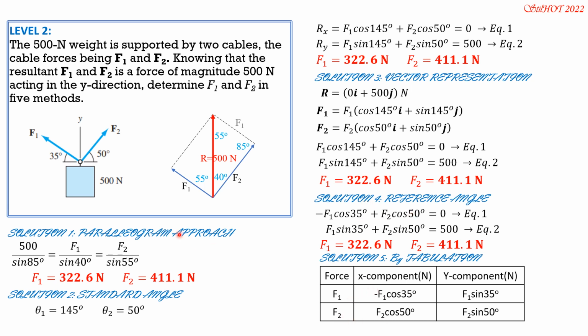For force F2, its x component is positive F2 cosine 50 and its y component is positive F2 sine 50. Adding these and equating to Rx, which is 0: negative F1 cosine 35 plus F2 cosine 50 equals 0, then F1 sine 35 plus F2 sine 50 equals 500. These are the same equations as before, so the answers will be the same. The answers are not shown here because we ran out of space.